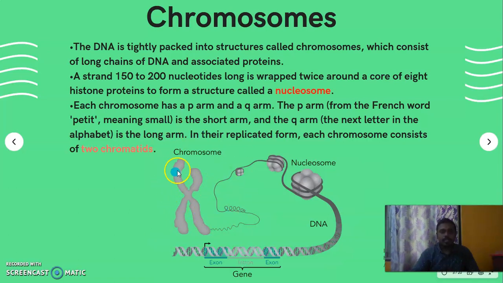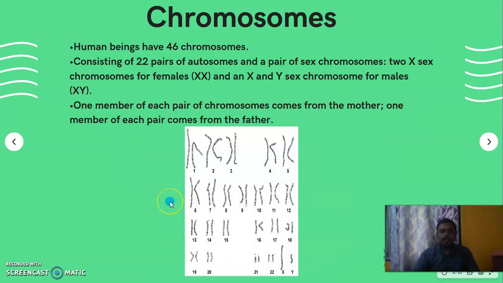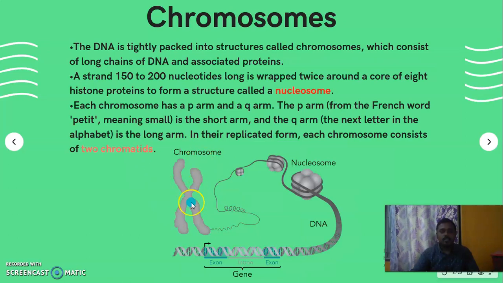In this image, these 2 arms are the P arm because they are shorter compared to these 2 arms. And the second one, which is the larger one, is called the Q arm. You can see this arm is comparatively larger than this one. So this is the Q arm. This is the basic structure of how a chromosome is arranged.